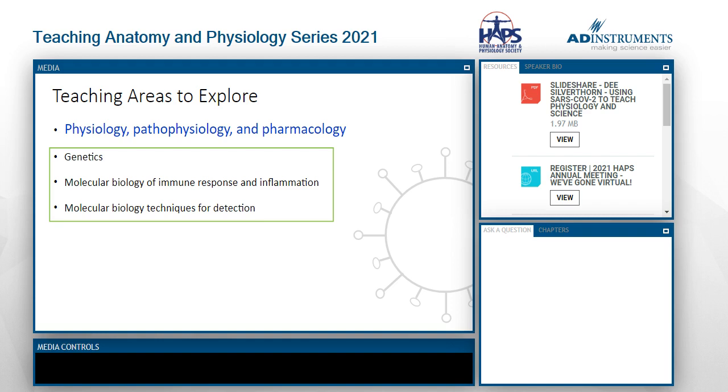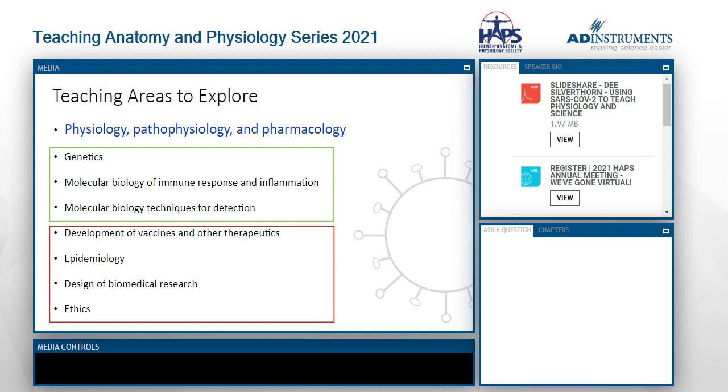The immune system, and particularly the molecular biology of the immune response and inflammation. And then also molecular biology techniques that are used for detection of the virus. And then depending upon who your audience is for your students, you can get into vaccine development, epidemiology, ethics, and the design of the biomedical research.